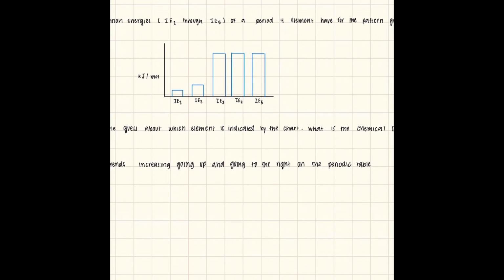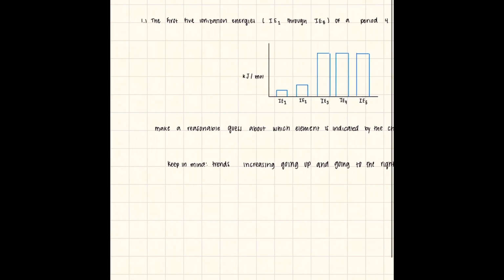This just means that a ton more energy is required for ionization energy 3 than for ionization energy 2. And then you can also compare ionization energy 1 to ionization energy 2. That just shows us that there's only a little bit more energy required for ionization energy 2 than there was for ionization energy 1. So just keep that in mind during this problem.